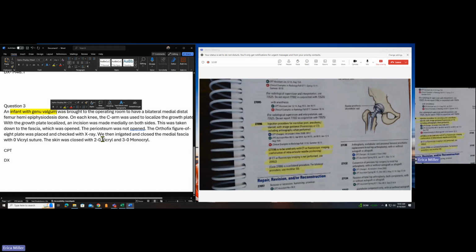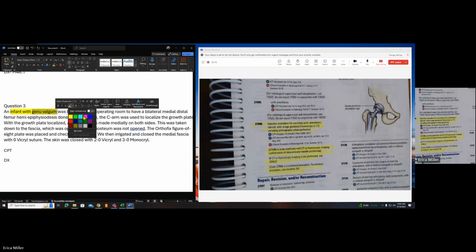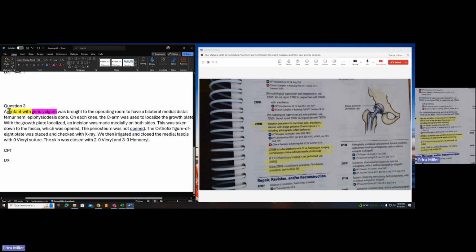This is going to fall under your congenital category, okay? So let me put the problem in pink. And in this scenario, infant is a very important factor. So now we've got a baby that has a condition.